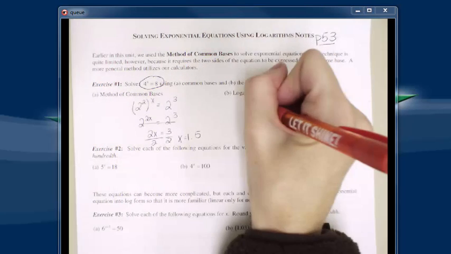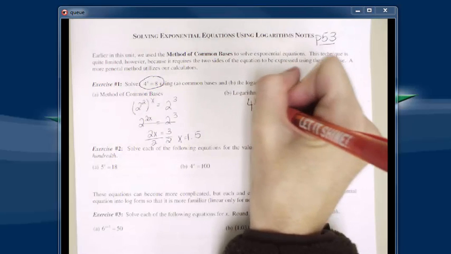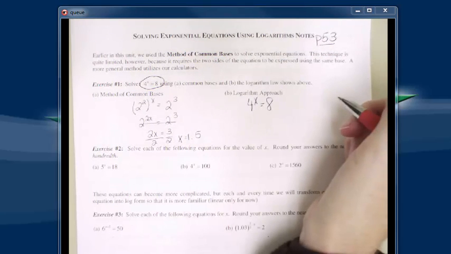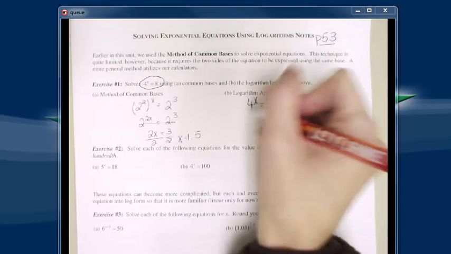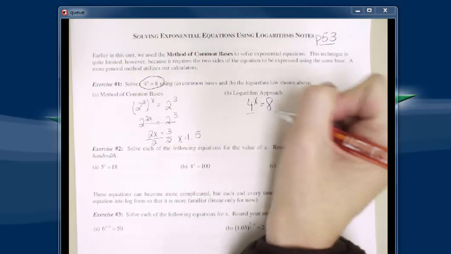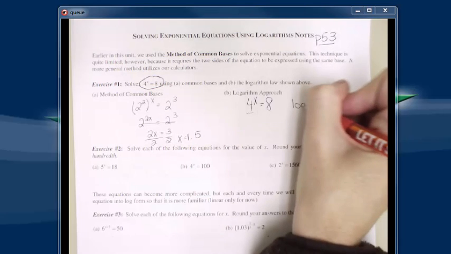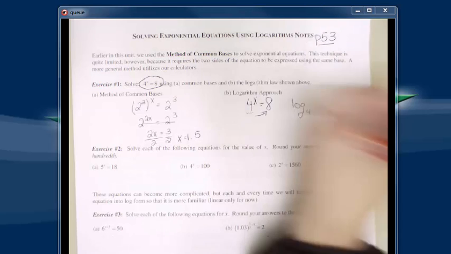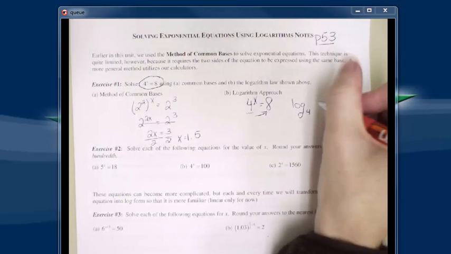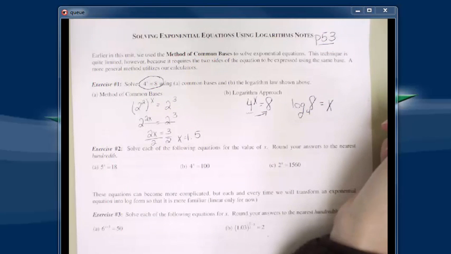So now, using that work that we had gone through, looking at the base, start with the base of 4. I will write log base 4, loop over to the 8, and that will equal x.